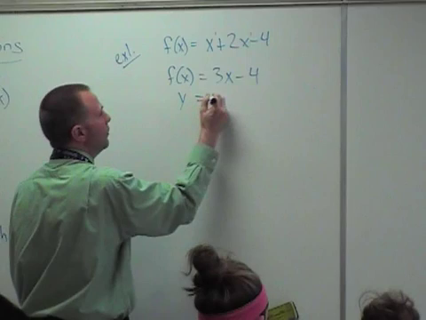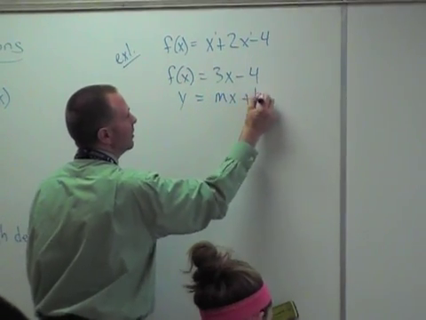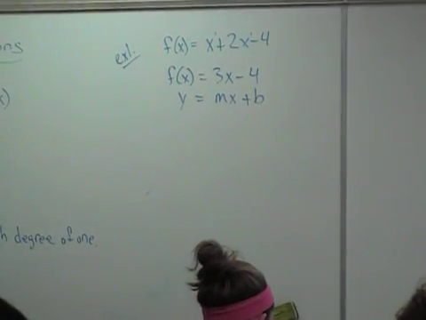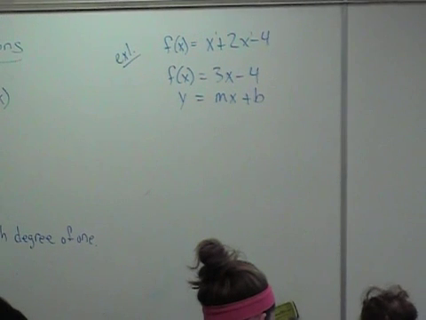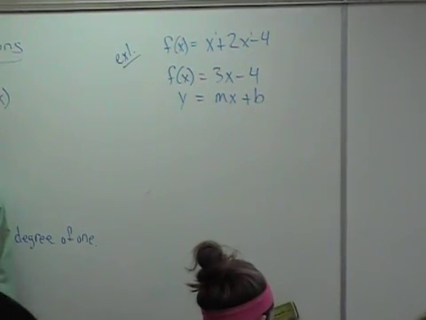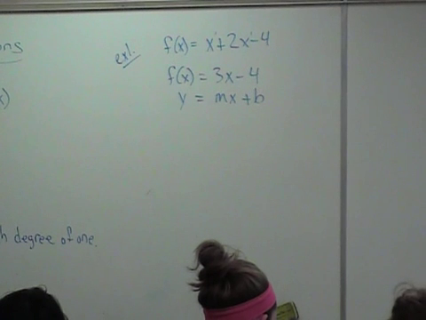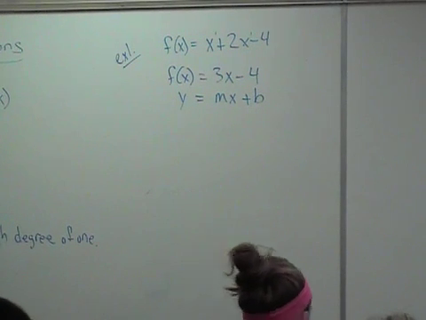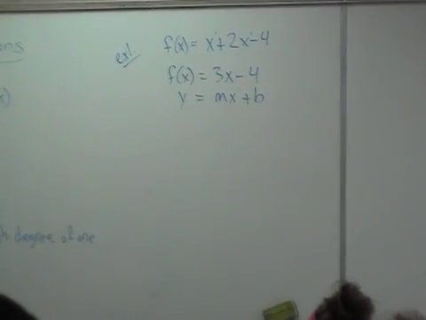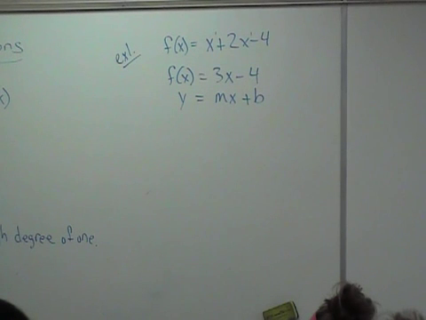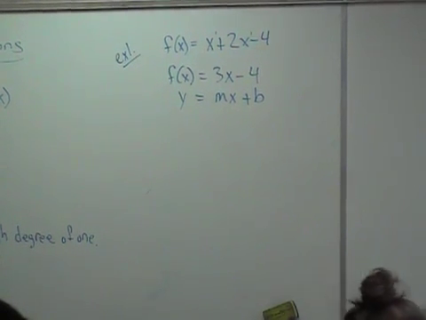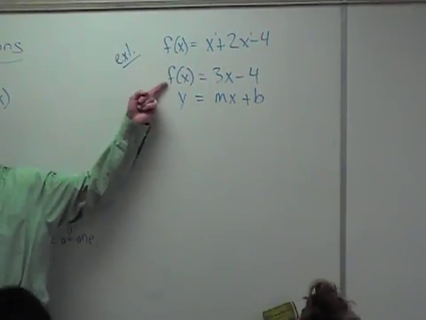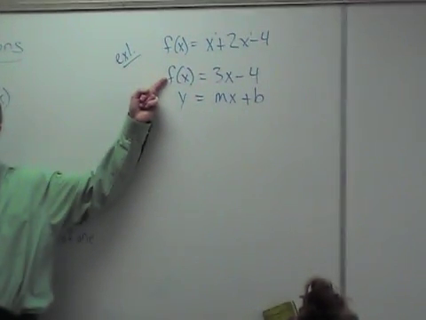So this is in the form y equals mx plus b. So m is 3. That's your slope, 3 over 1. And your y-intercept is -4. So it's y equals 3x minus 4. Yeah, this is what you would give me as your answer: f of x equals 3x minus 4.